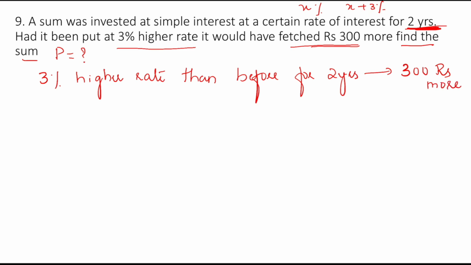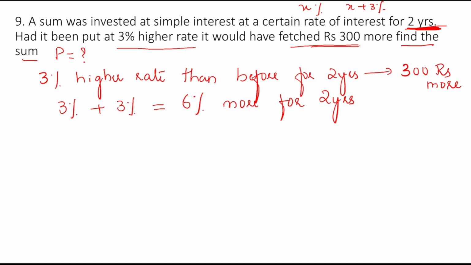That means for 2 years, for the first year 3% more and for the second year 3% more, totally 6% more we should have invested to get 300 rupees more.